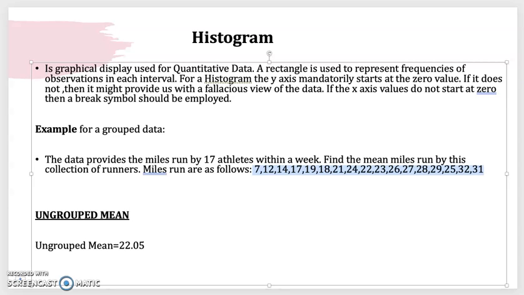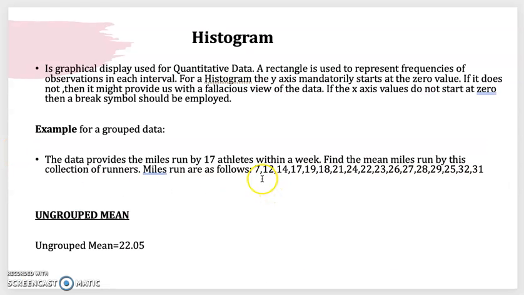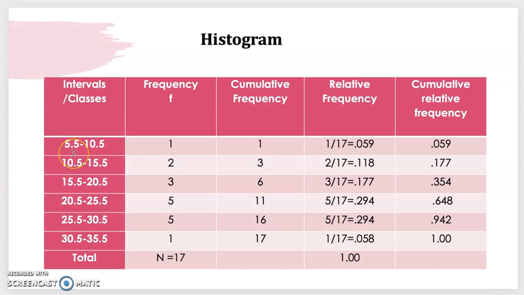Then what we need to do is group them. After we see you have 17 athletes, and the data is between 7 and 32, we start from 5 to 35. So the intervals we have are 5.5 to 10.5, and so on up to 30.5 to 35.5.